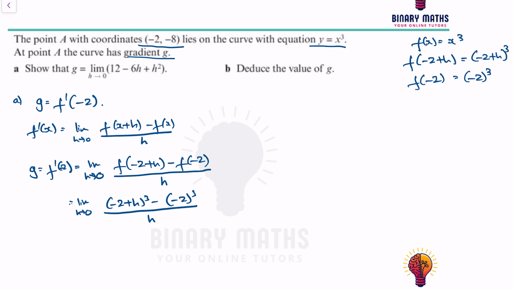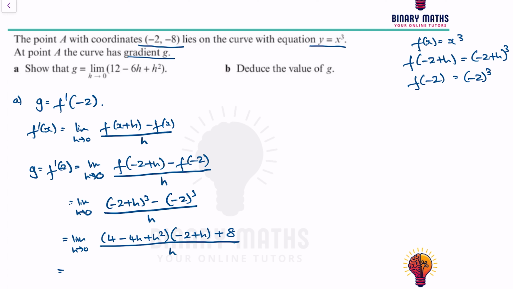Now, if we expand (-2 plus h) times (-2 plus h), you end up getting 4 - 4h + h squared. So all I've done is expand (-2 plus h) times (-2 plus h) times (-2 plus h). Taking away (-2) cubed becomes plus 2 cubed, which is 8, all over h.